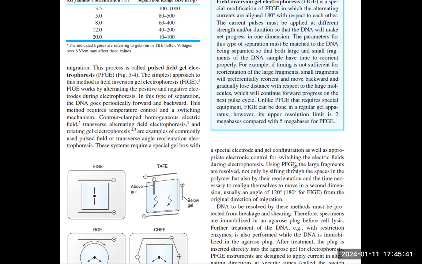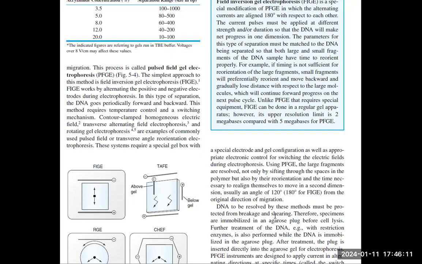If you're using pulse field, the large fragments are resolved not only by sifting, but also by reorientation and the time necessary to realign, so that there's easy migration for the fragments. However, there's a little warning: these large DNA fragments are prone to breakage and shearing.